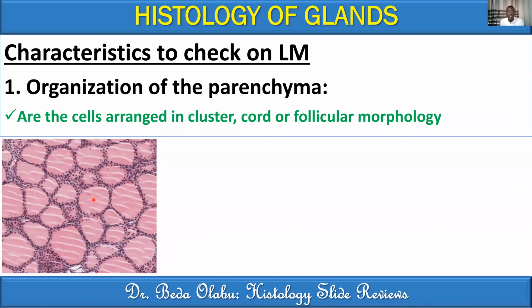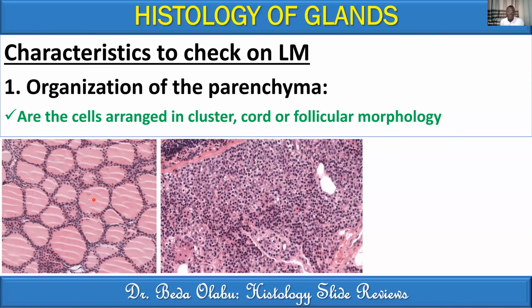The second image shows you another morphological pattern. Again, just write in the chat which pattern this one is. The chat is enabled. Very good. Everyone who has responded has gotten it right.